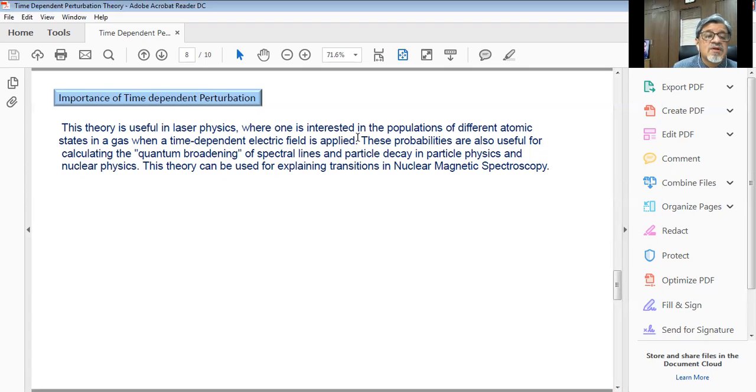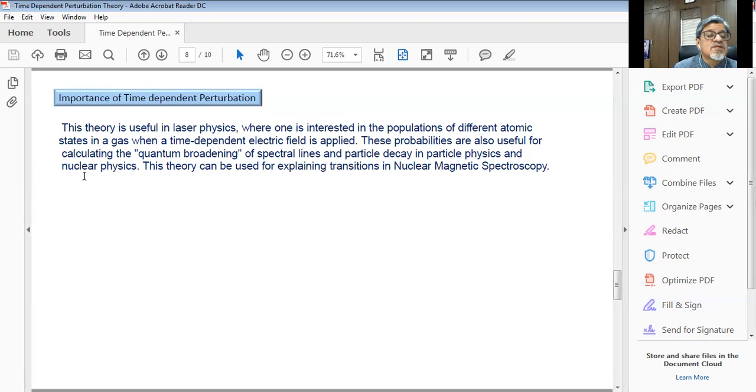These probabilities are also useful in calculating the quantum broadening of spectral lines, in particle decay in particle physics as well as in nuclear physics. This theory can also be used for explaining transitions in nuclear magnetic resonance spectroscopy.